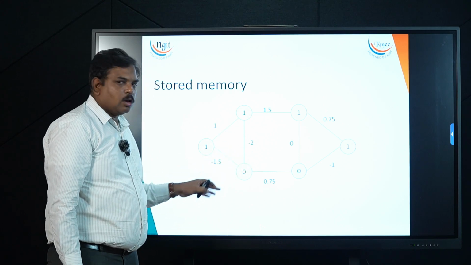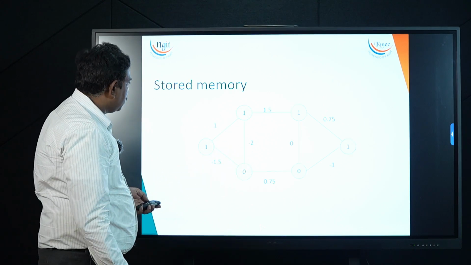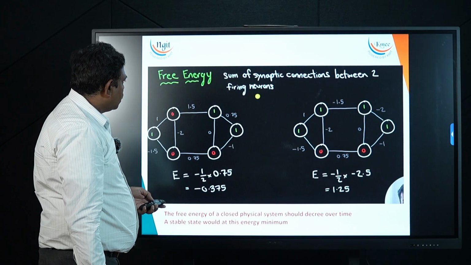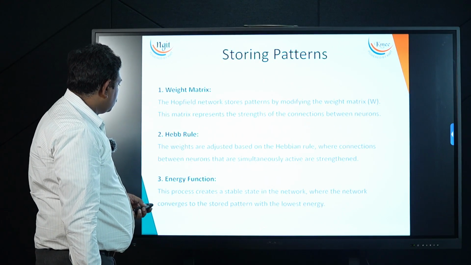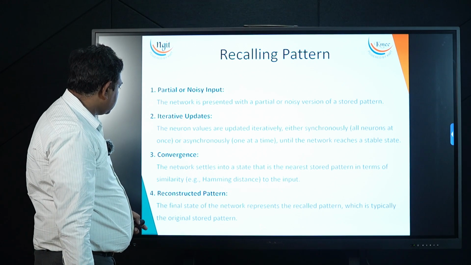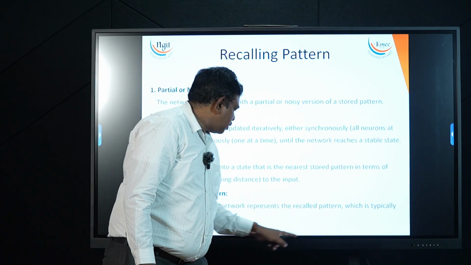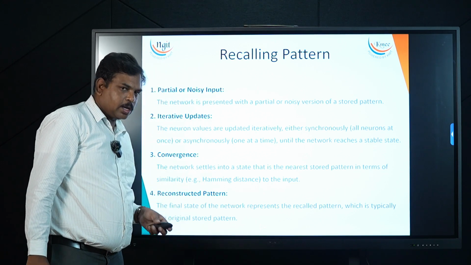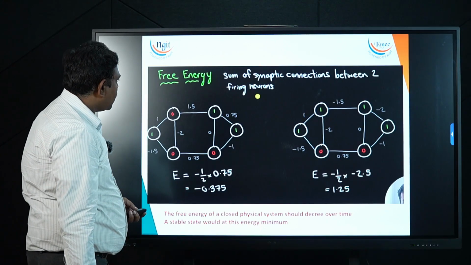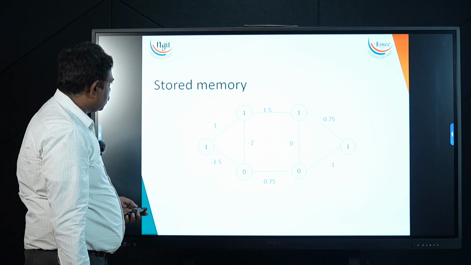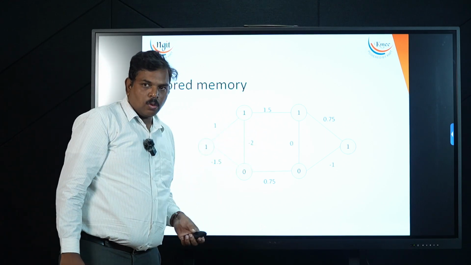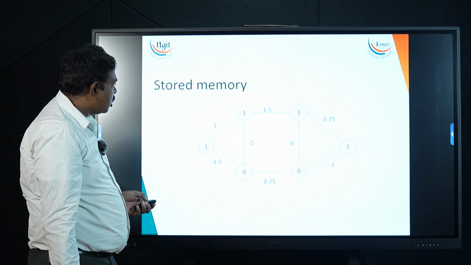Recalling means reconstruction. The final state of the network represents the recalled pattern, which is typically the original stored pattern. So my recalled pattern should match the original pattern. Now I will tell you the steps of how the recall process works.